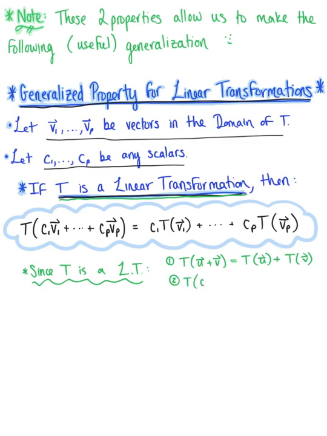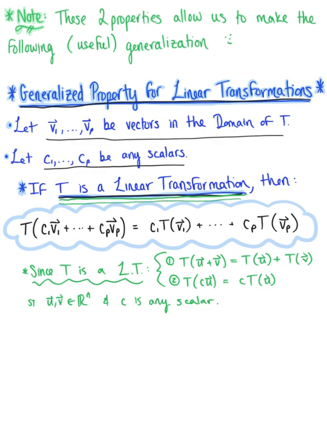In other words, the image of the scalar multiple c times vector u is equal to the scalar multiple of that image. This is such that vectors u and v are in the domain of our transformation, and c is any scalar. So we automatically know that these two properties are preserved because T is a linear transformation.